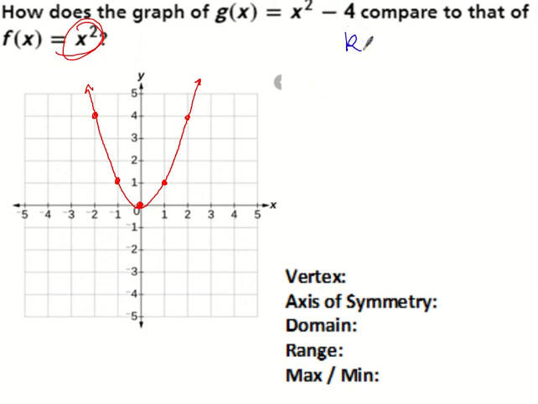This is k. So remember, that's going to move it up or down. If it was inside the parentheses, it would be h, and it would move it left to right. So remember, when it's k, it's directly what it is, and so this would tell me to move it down 4, and then everything else about it would be the same, okay?